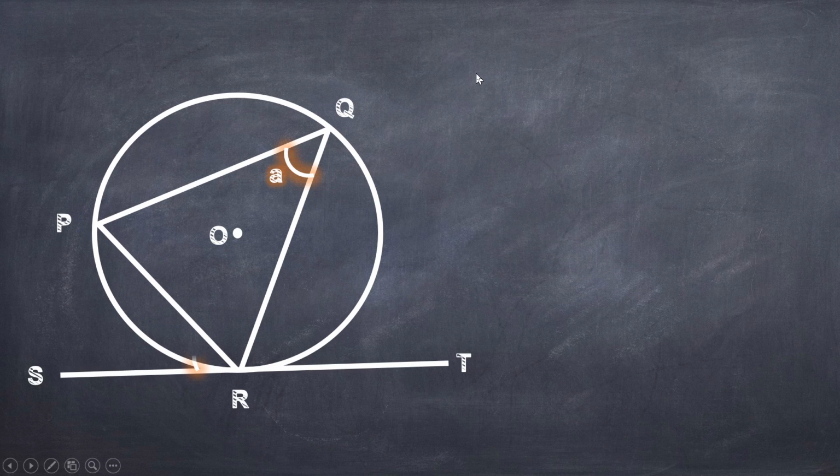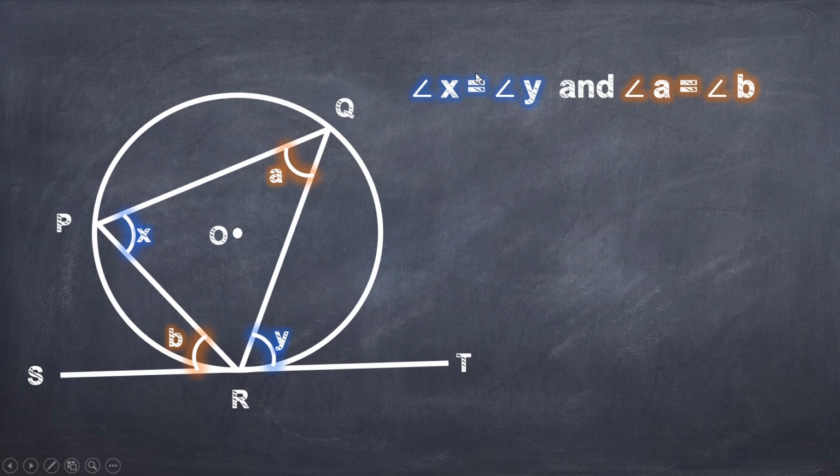Alright. As you can see from this figure, angle X is equal to angle Y, and angle A is equal to angle B. So the exterior angle is equal to the opposite interior angle.